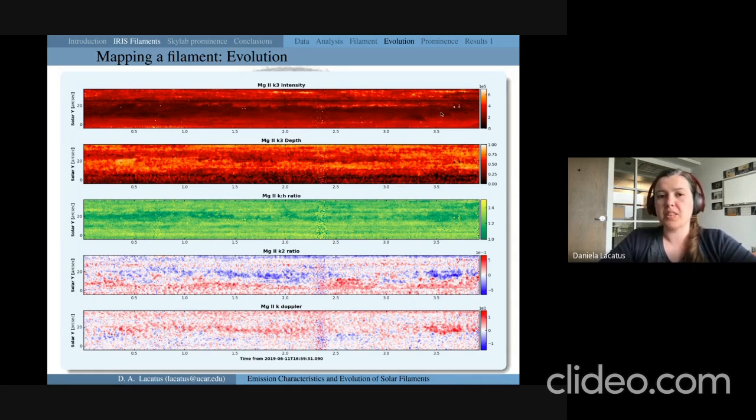As I said, the filament is evolving, so within that same position, we are not seeing exactly the same filamentary structure as it evolves, either because it has moved itself, or because it is evolving due to numerous flows that are happening at its boundary.